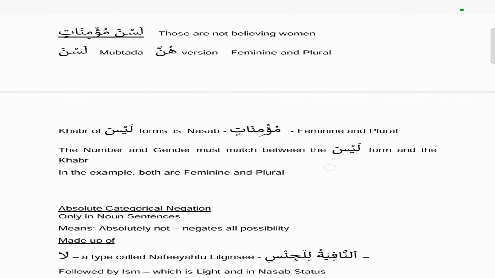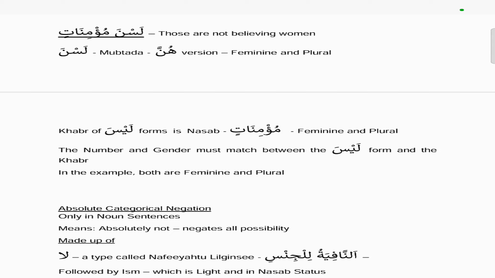Another example would be lasna mu'minatin. This means those are not believing women. The lasna is the mubtada and it's the khunna version, which is feminine and plural. And the khabar of laysa is always nasab, and that's why it's mu'minatin. Bear in mind, because of the ending combination, the alif and the ta, mu'minatin could be jar or nasab.